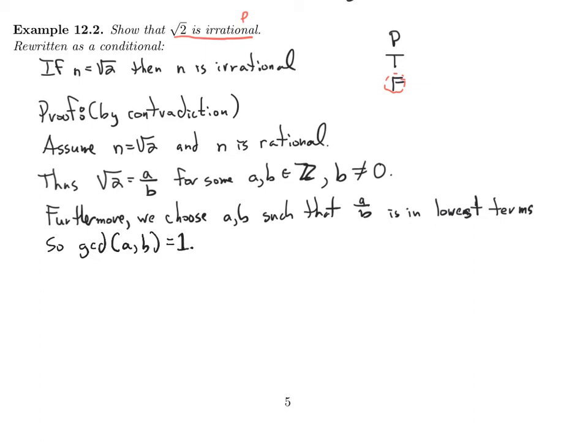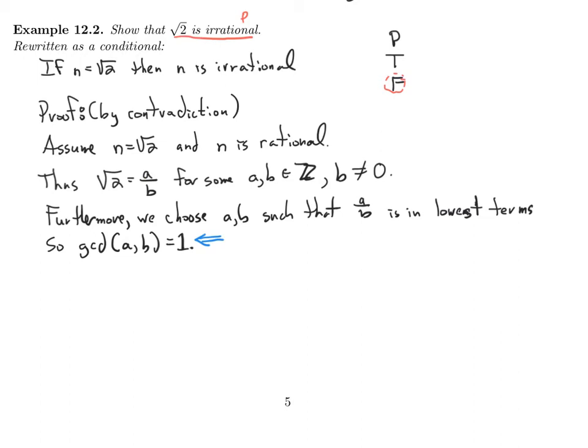There's nothing to factor out and cancel to reduce this fraction. That's key. And that is where our contradiction is going to come up. Remember, we're picking a and b so that this fraction is in lowest terms. That's really important.